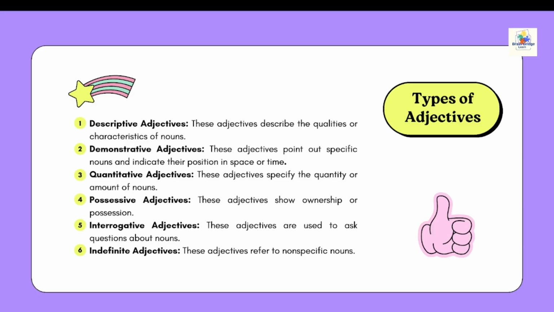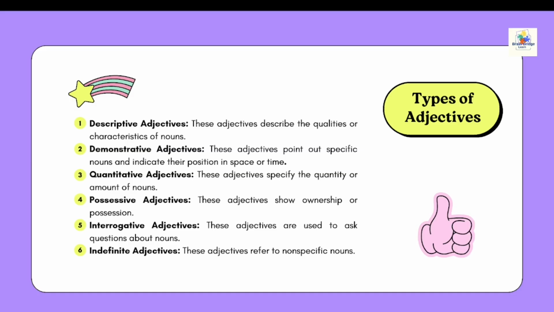Then we have possessive adjectives. These adjectives show ownership or possession. Next we have interrogative adjectives. These adjectives are used to ask questions about nouns. For example, the apple is red.